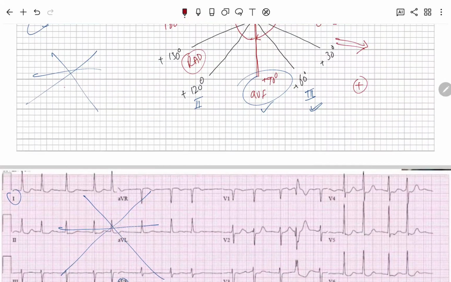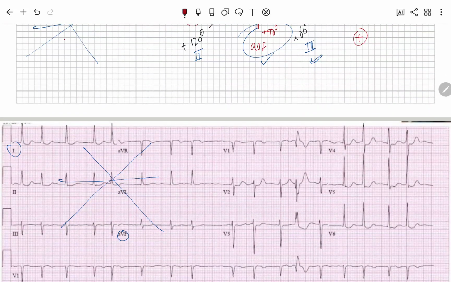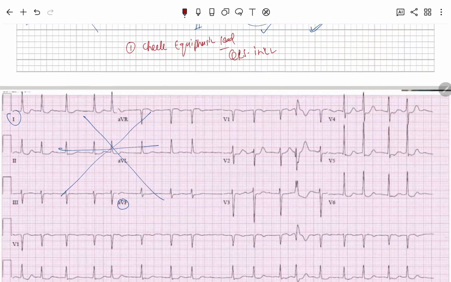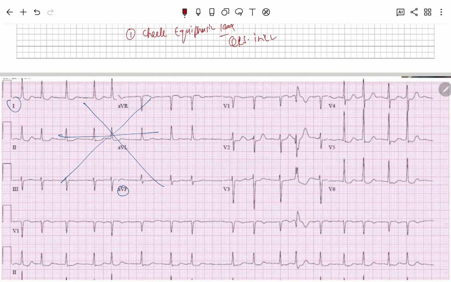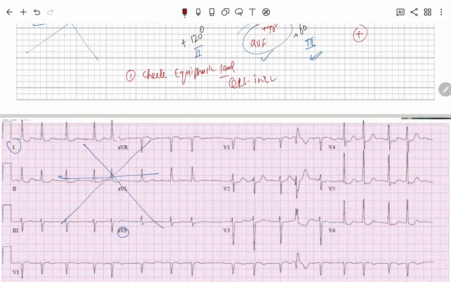Okay, so having said that, let's come back to the ECG. Step one is to check the equiphasic QRS in the limb leads, right? We say equiphasic for the lead which has equal R and S complexes.